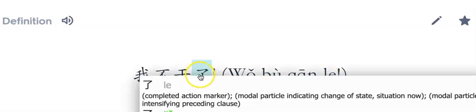Think about this somewhat like, not completely like, and a lot of people will get angry at me for saying this, but somewhat like an ED. It's something that's already happened. It's a completed action marker. If we look at this again, it says a completed action marker. That's what this is. All right. So 不干 means quit. Okay.